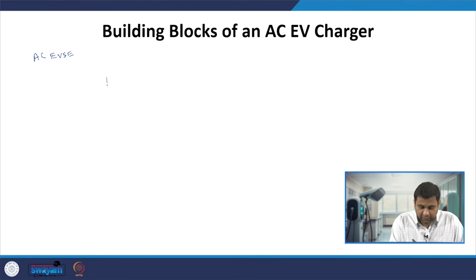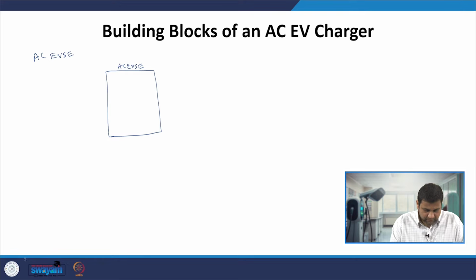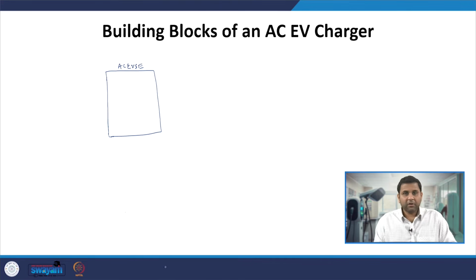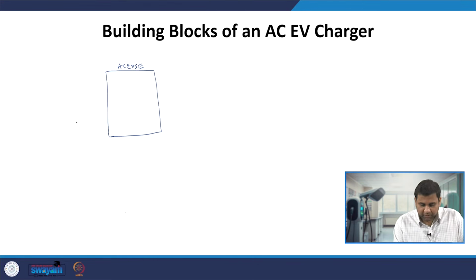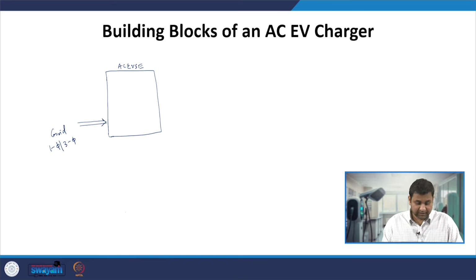If you look very carefully, when you are doing AC EV charging, you have something called an AC EVSE, which is AC electric vehicle supply equipment. In the AC EVSE you have input coming from the grid. This could be either single phase or 3 phase, depending upon the power level of this AC charger.